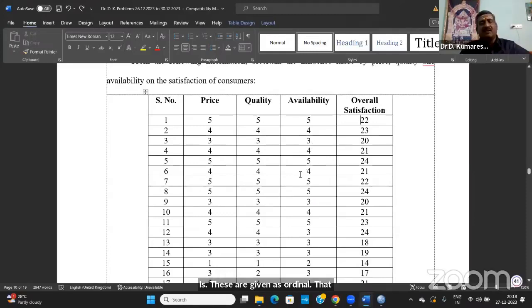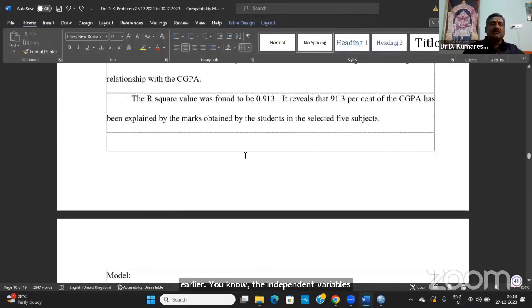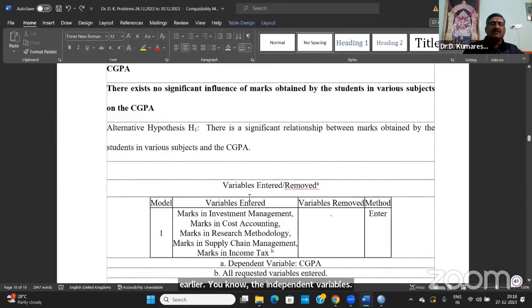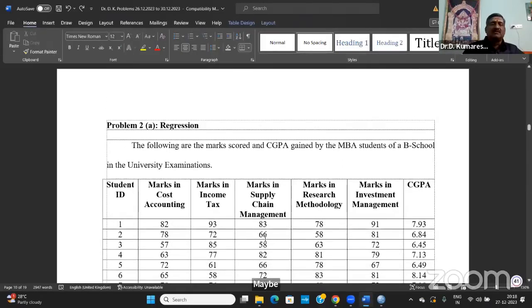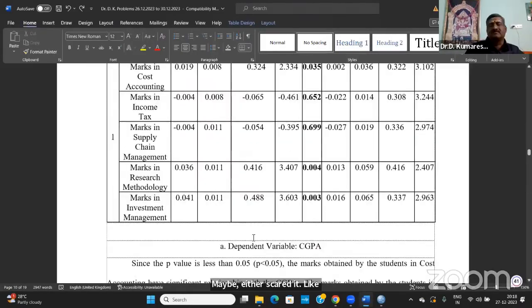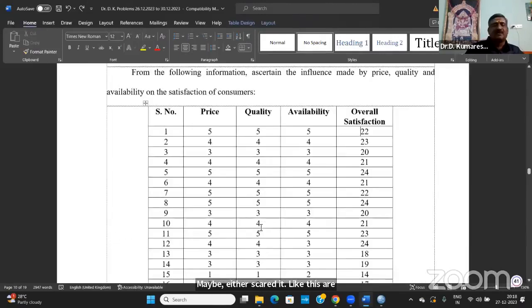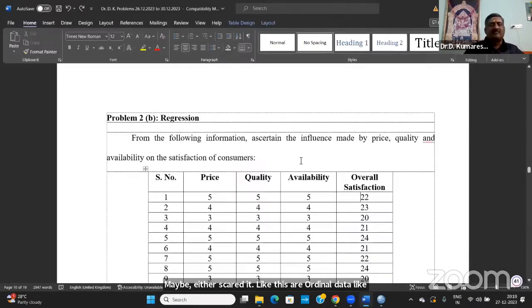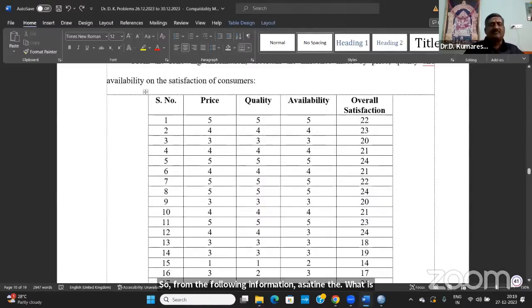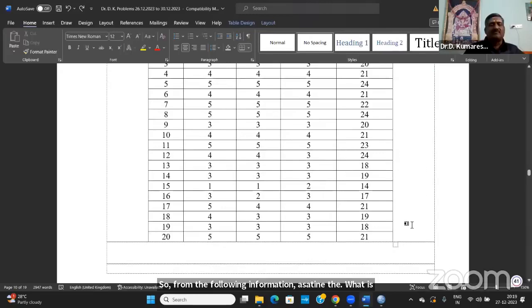That is what I told you earlier. The independent variables may be either scale data like this or ordinal data like this. Okay. So from the following information, ascertain the influence. What is the null hypothesis? There is no significant influence.